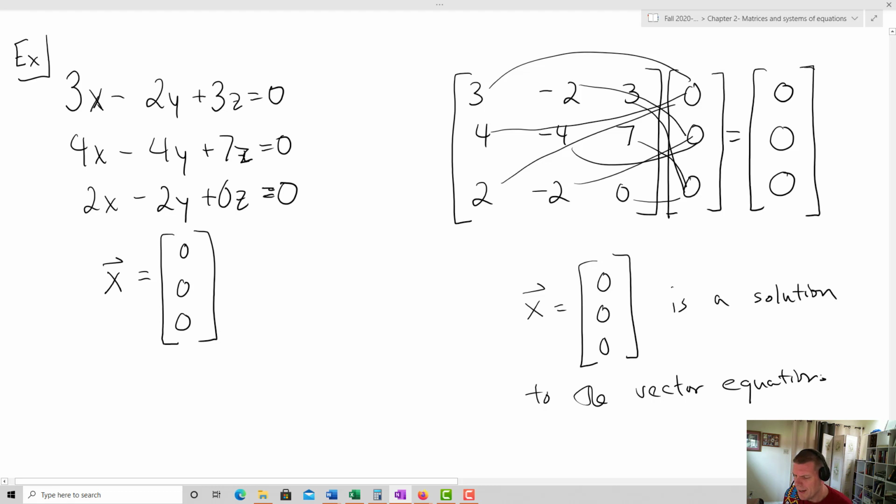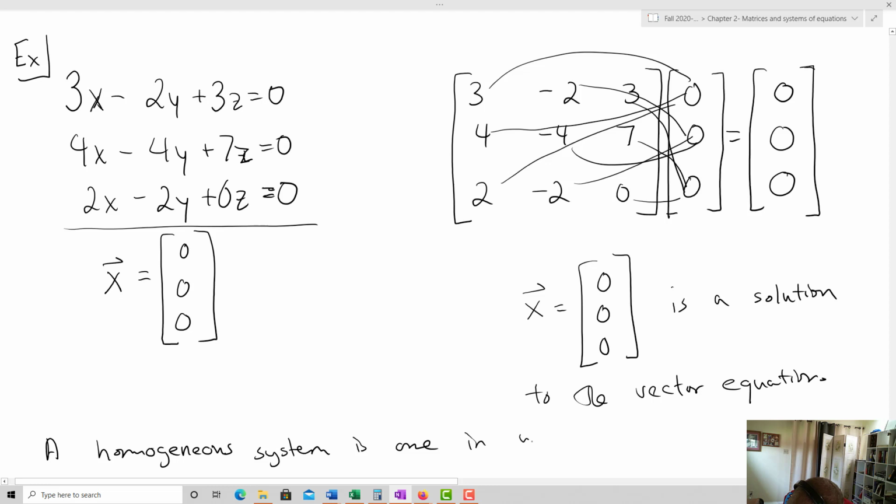Okay, this actually introduces for us a very special term that we're going to see a lot of, and we saw a little bit of it when we talked about differential equations. This thing here is called a homogeneous system. A homogeneous system is one in which B, our right-hand side vector, is equal to 0.